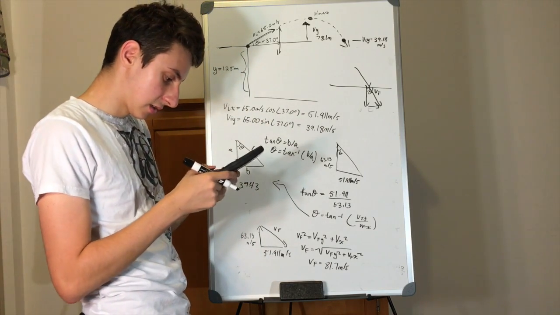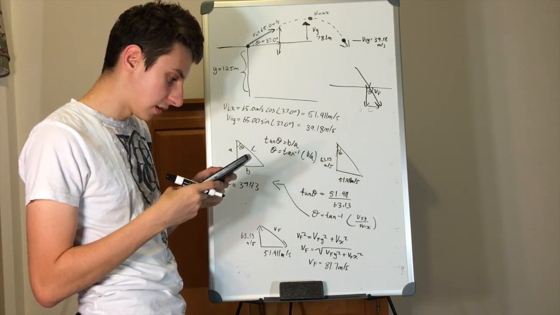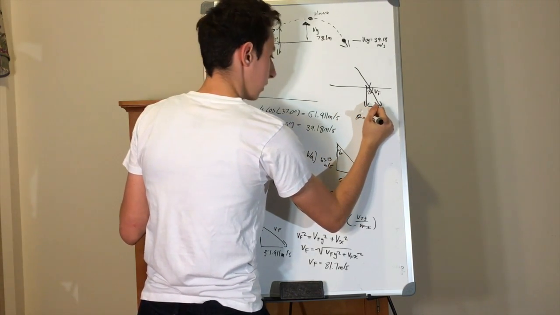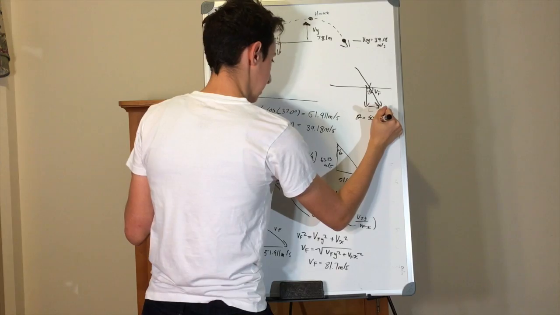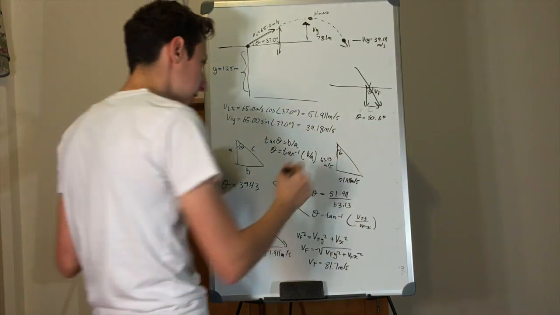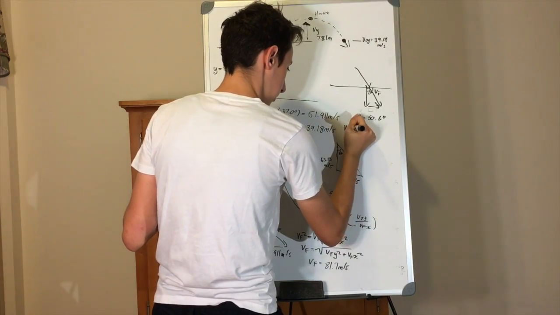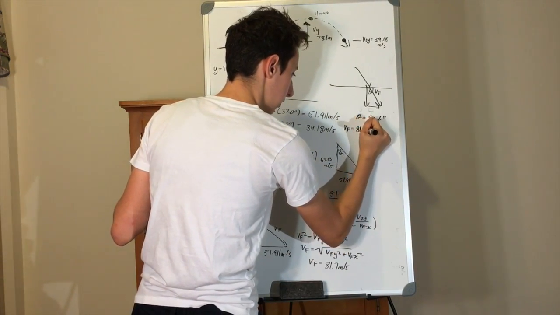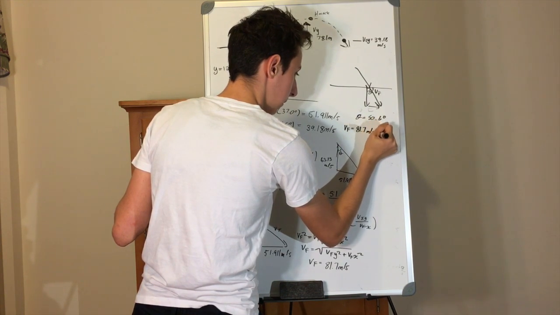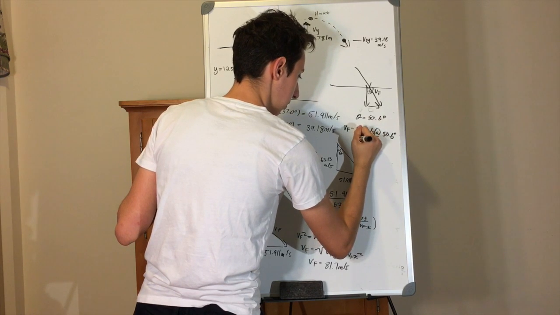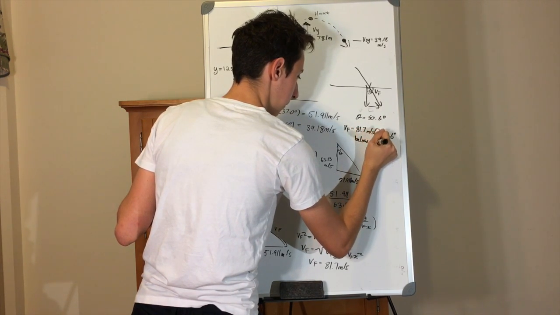So you just take 90 minus 39.43, we get 50.6 degrees. So now our final answer for our final velocity is going to be equal to 81.7 meters per second at 50.6 degrees below the horizontal.